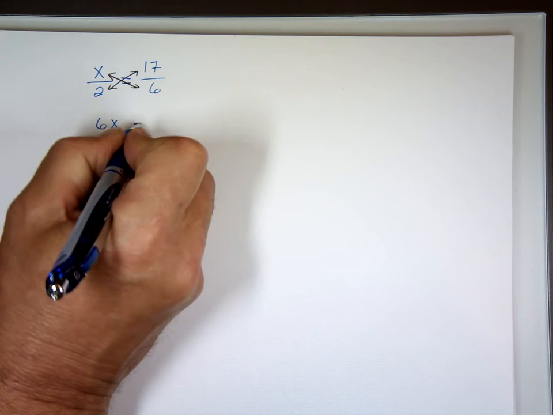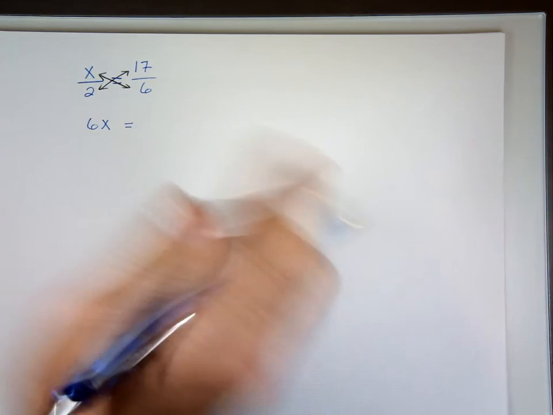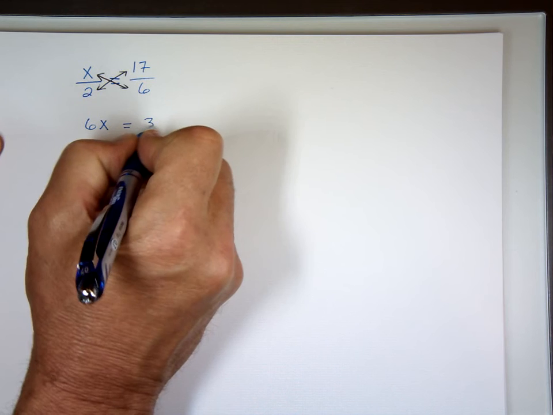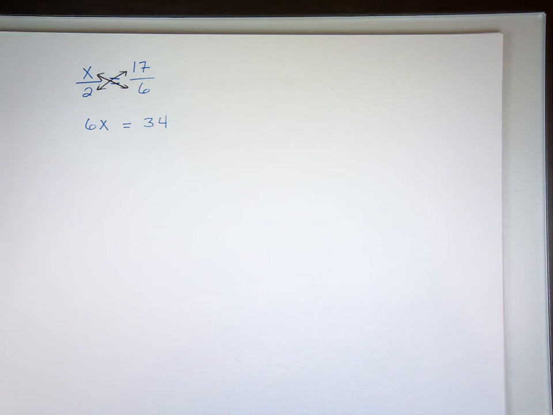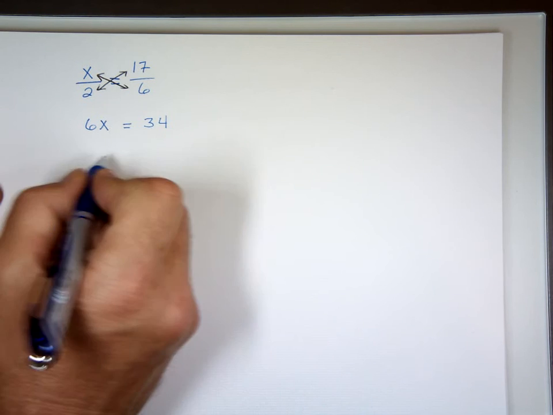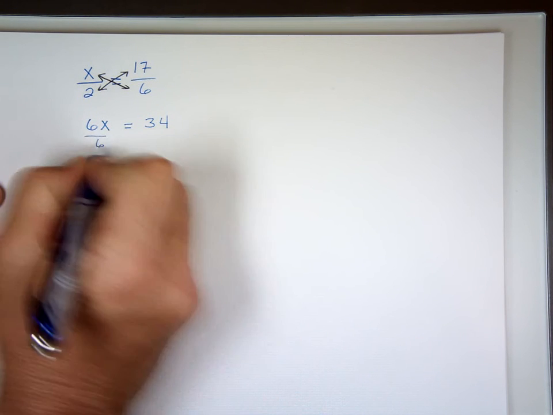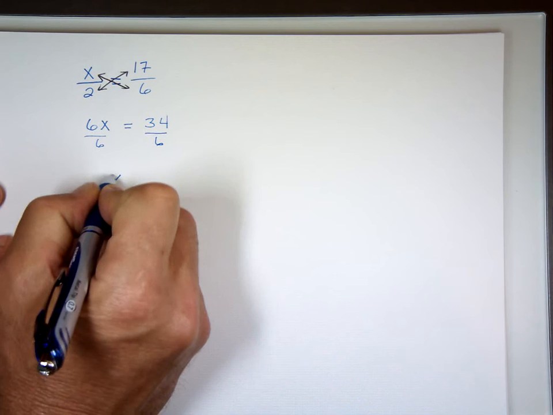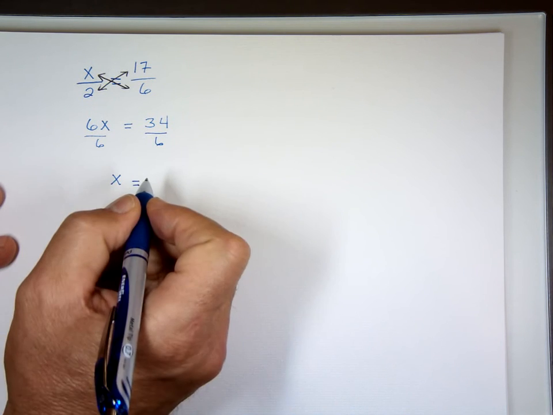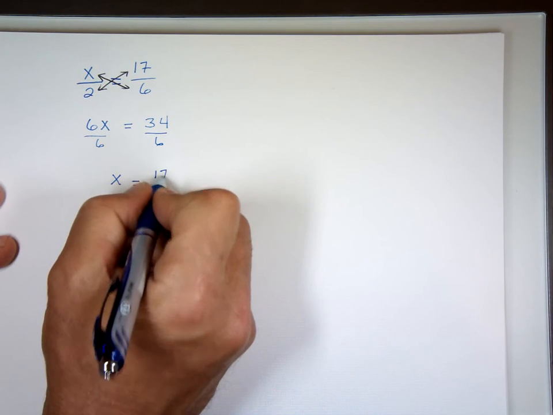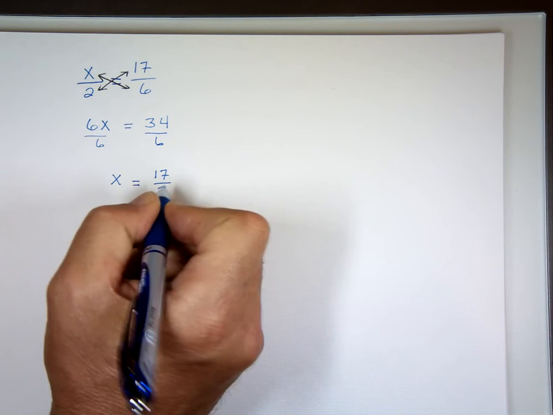What's 2 times 17? 34, right? To solve for x, we're going to divide both sides by 6. X equals, if I simplify that, is that 17 over 3? Because you can divide the top and the bottom by 2.